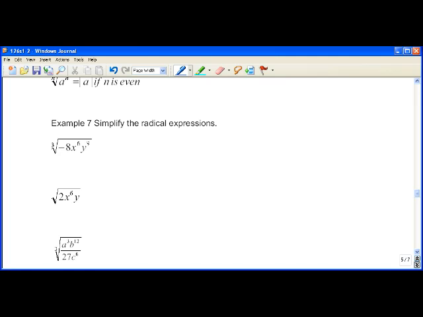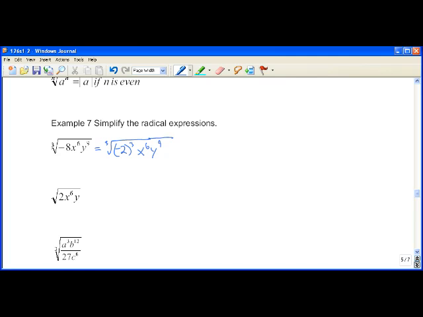The cube root of negative 8, x to the 6th, y to the 9th. So I'm doing a cube root here. Here's the rule. Let me rewrite that negative 8, and hopefully this will be clearer. That's negative 2 cubed. What we can do is divide the powers by the index.